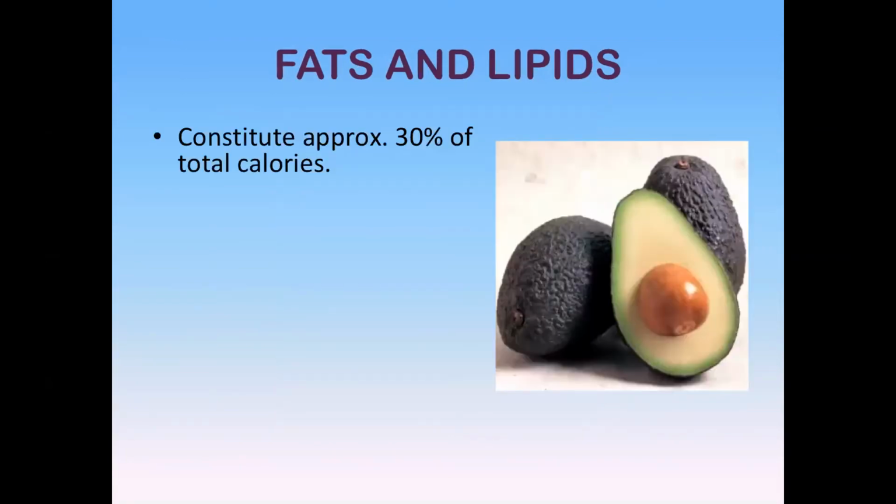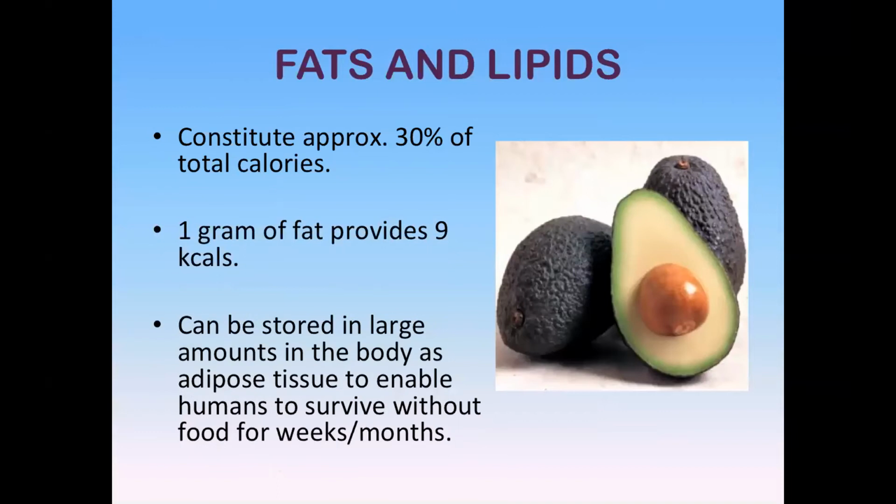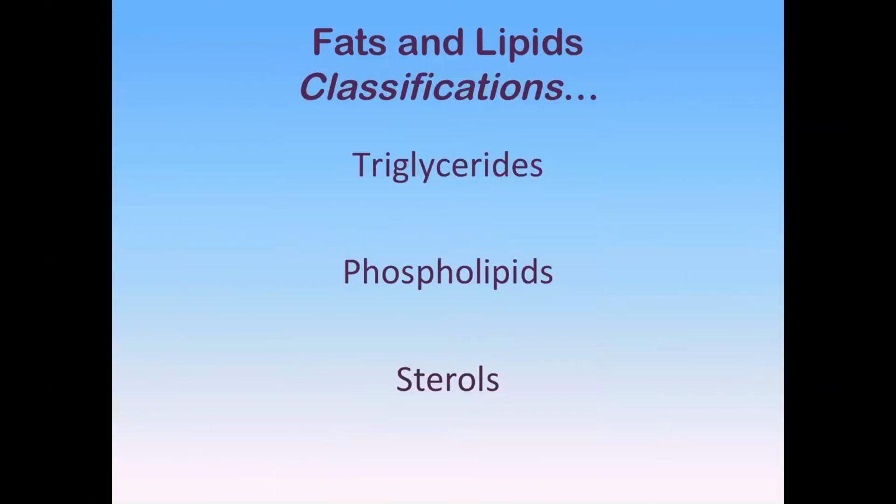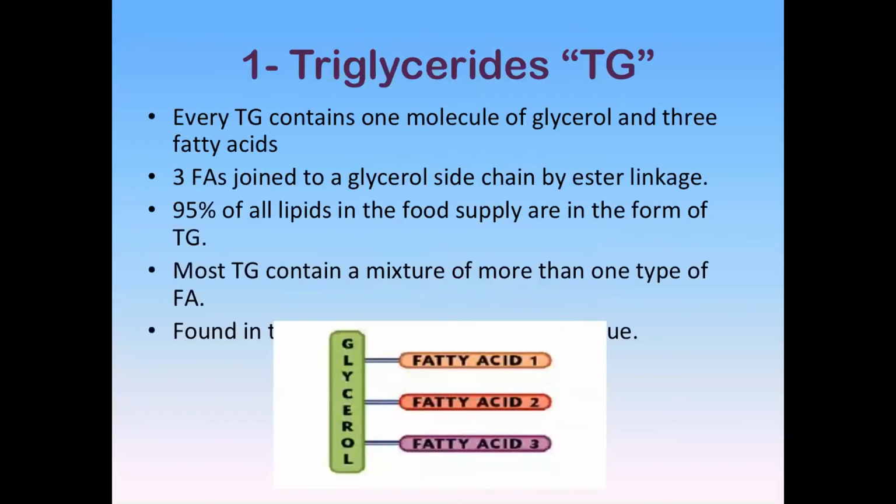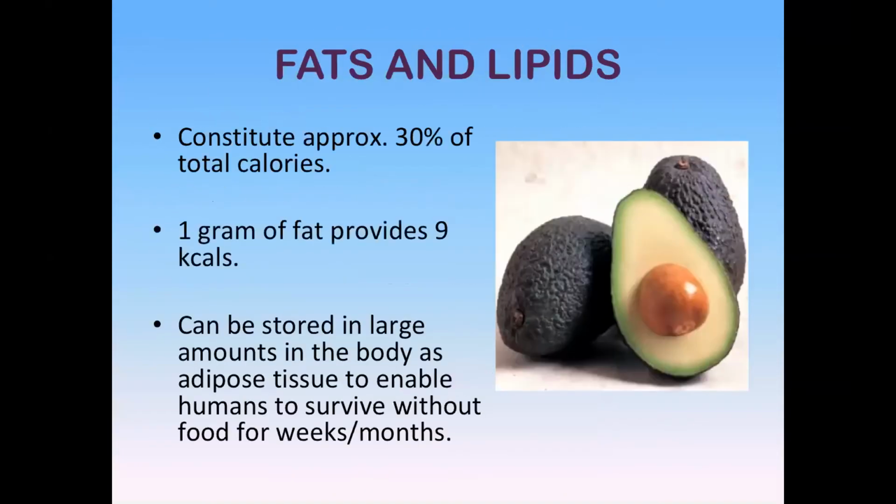So now the fats and lipids, it's very, very simple. I'll just go through the slides very quickly, and just stop where it's very important. I will explain about the fat. We know that fat constitutes approximately 30% of the total calories we consume.